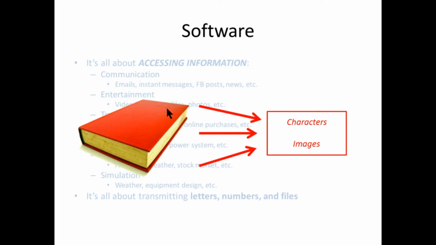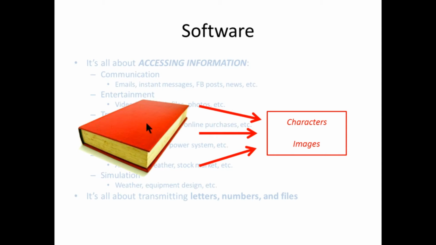Another interesting and useful concept is to look at the idea of a book in the real world. Inside the book, there's a lot of information, and there are many different types of books that have all different types of information. You've got reference books, you've got novels, you've got all kinds of books.